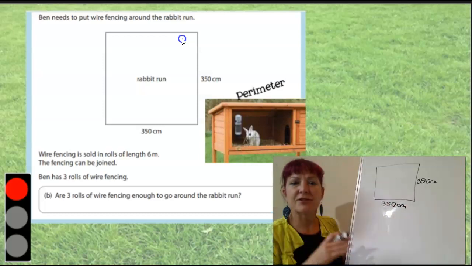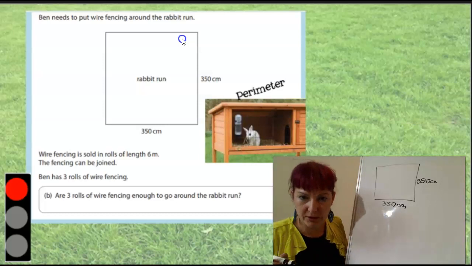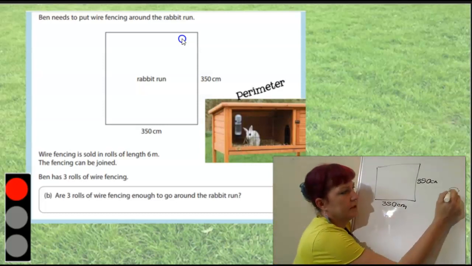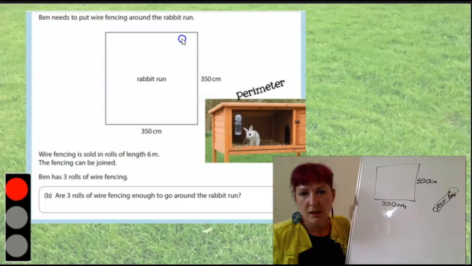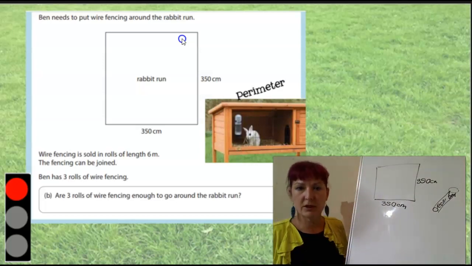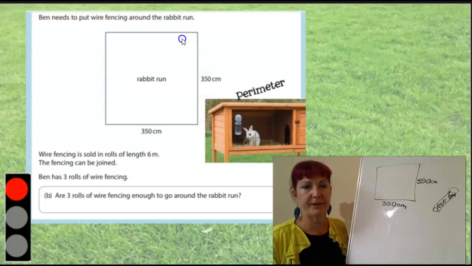Wire fencing is sold in rolls of 6 metres. Okay, you don't need to draw a roll. The fencing can be joined, all right. Ben has 3 rolls of wire fence.